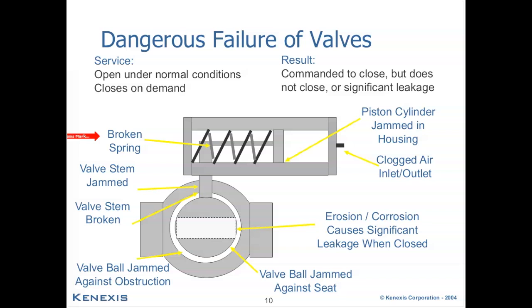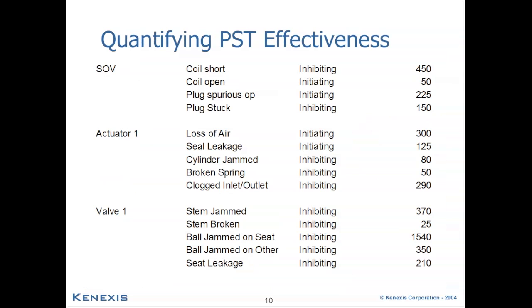I've heard about it being stuck inside of a valve. Another failure mode that can't be forgotten is erosion or corrosion causing significant leakage even when the valve is in the closed position. Now, that gave you the full range of failures that can occur.